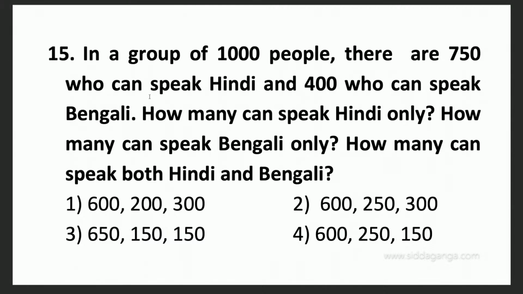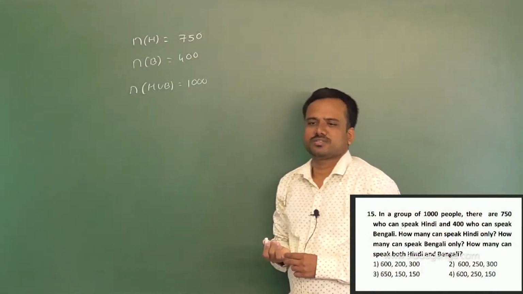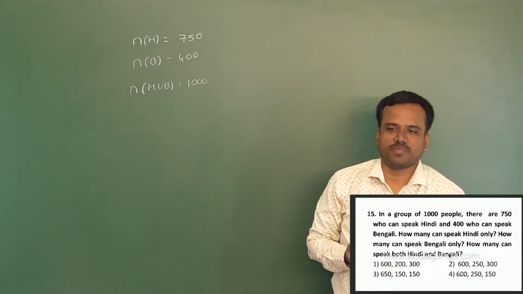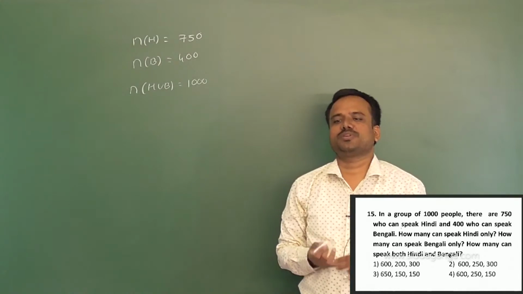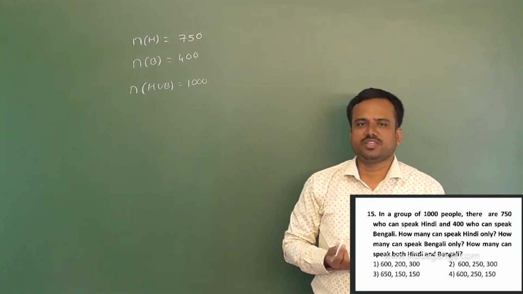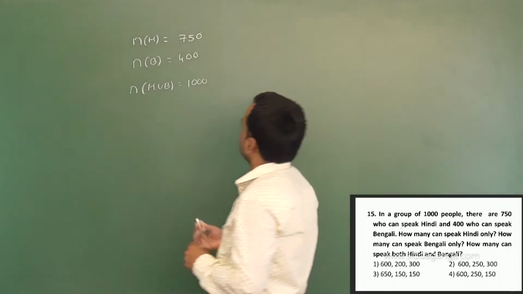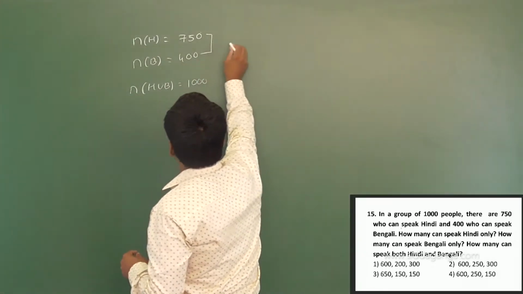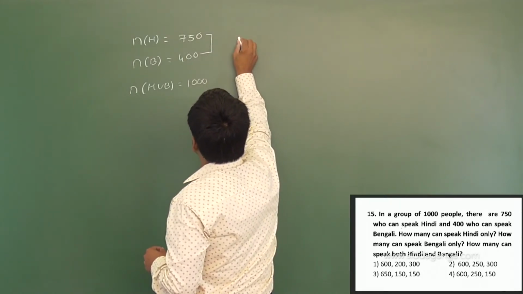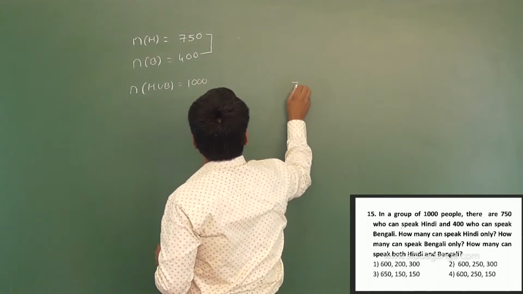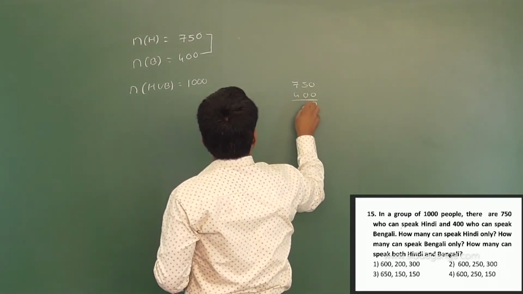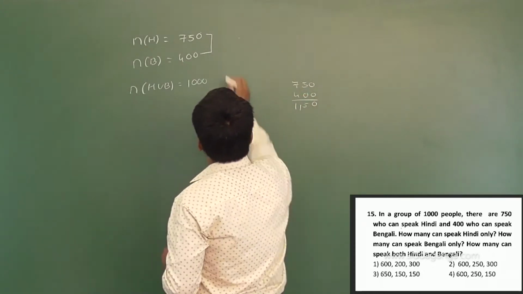What we do? How many people can speak Hindi only? How many people can speak Bengali only? How many people can speak both Hindi and Bengali? Firstly, we add these two. What we got? 750 plus 400, 1150.